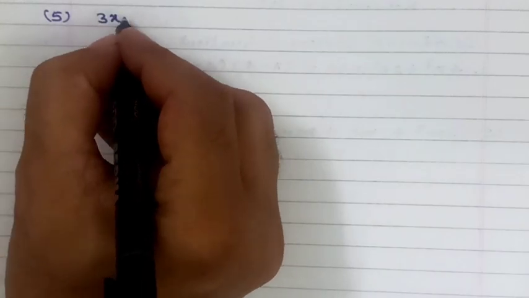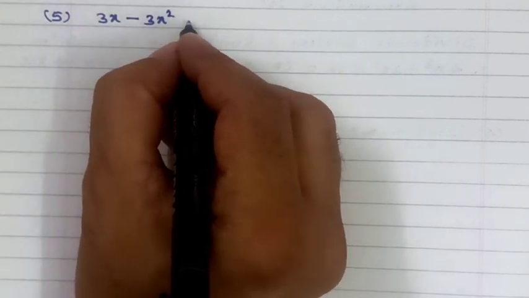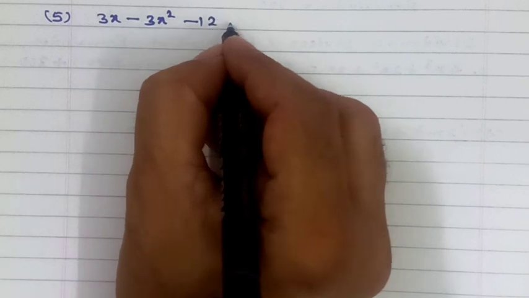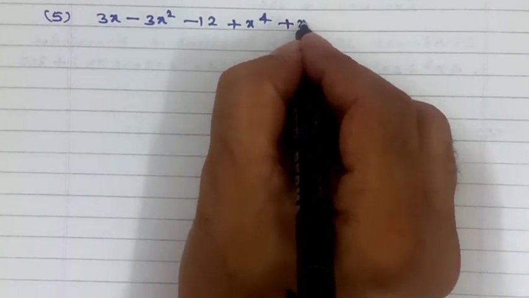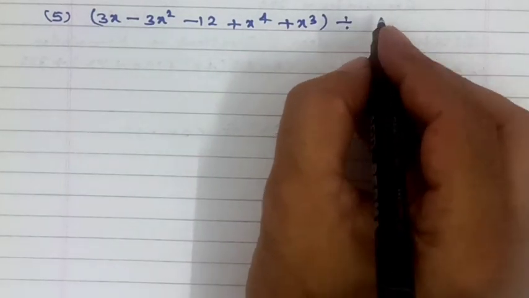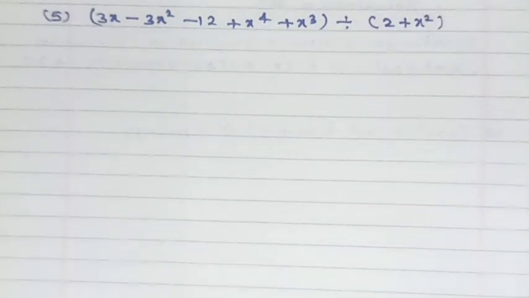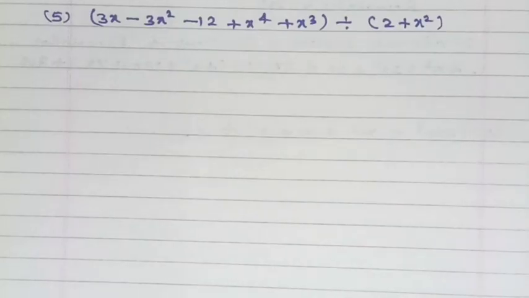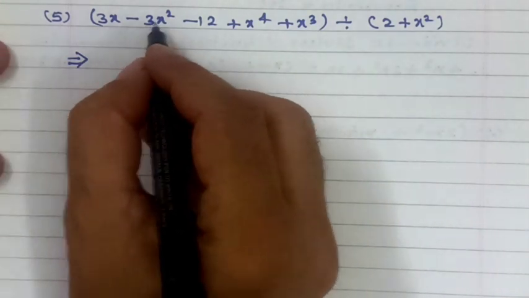Let's go to the fifth question. 3x minus 3x square minus 12 plus x raised 4 plus x raised 3 divided by 2 plus x square. As I have told you earlier, look at the dividend.